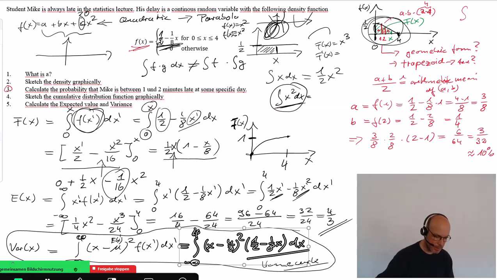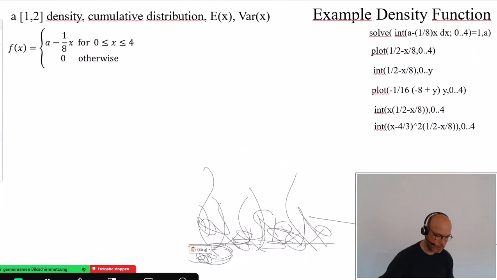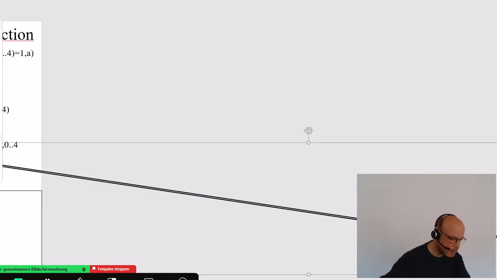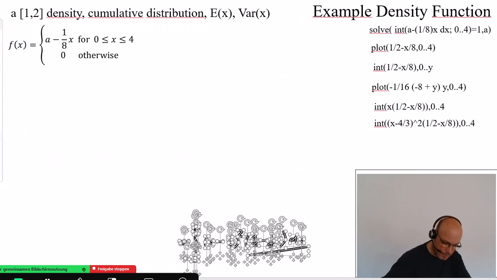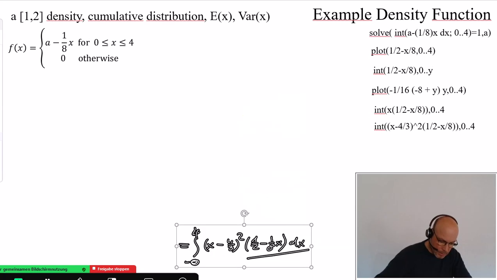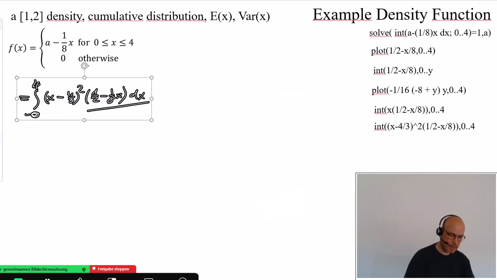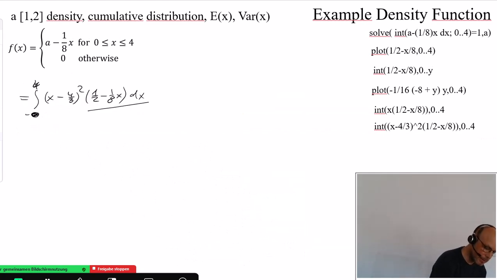I just cut it, and let's move it here. Then let's do it like this. This integral is the variance.